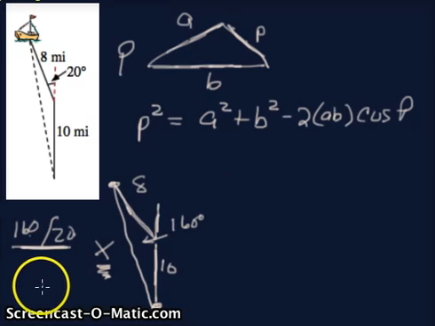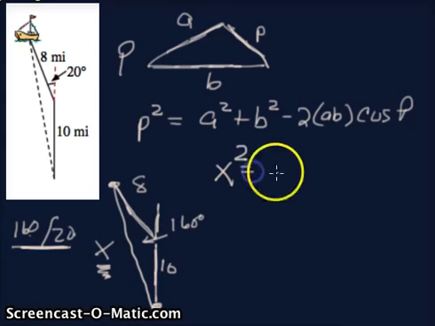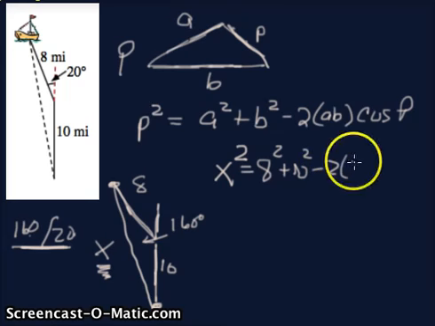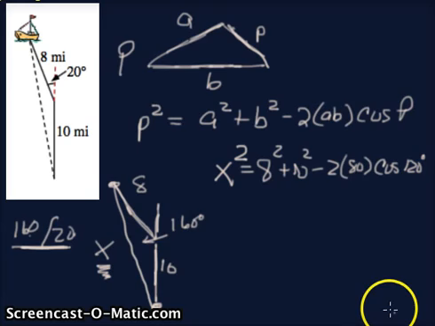So I'm going to have to use the law of cosines. The little side squared is equal to the sides that form the angle, 8 squared plus 10 squared, minus twice their product. Well, that's 80, okay, times cosine of the angle. What's the angle? 120 degrees.